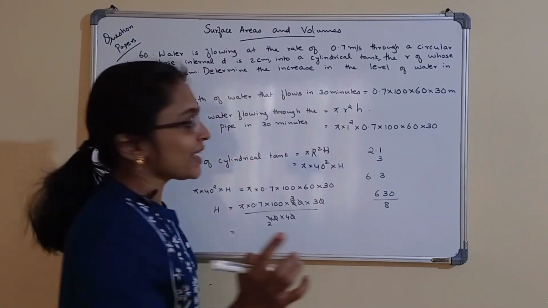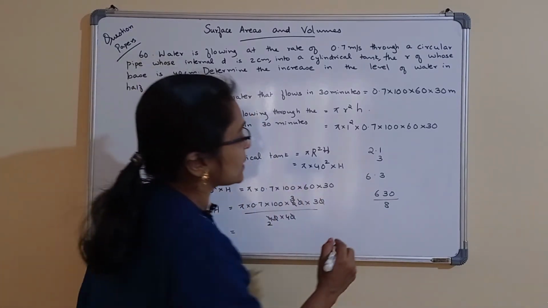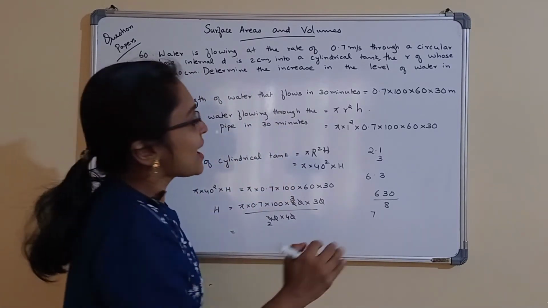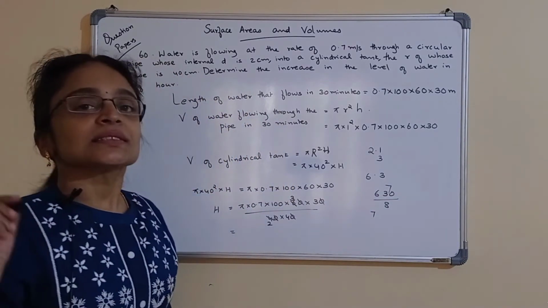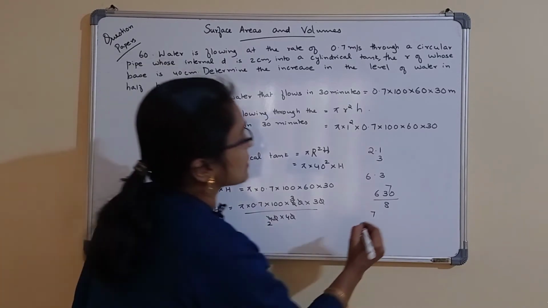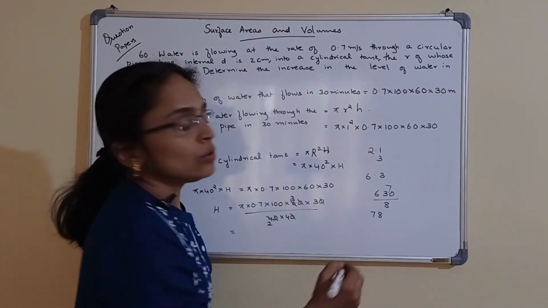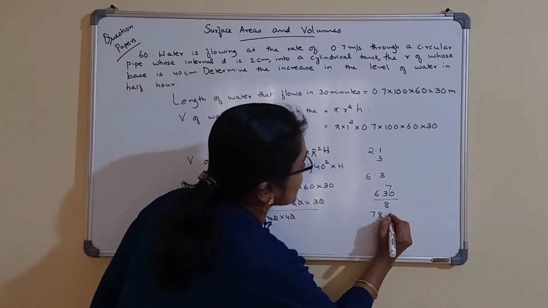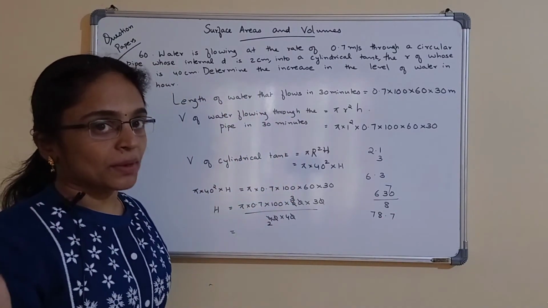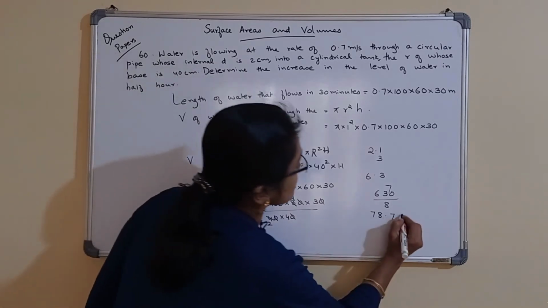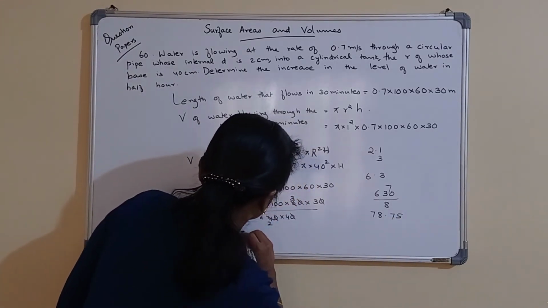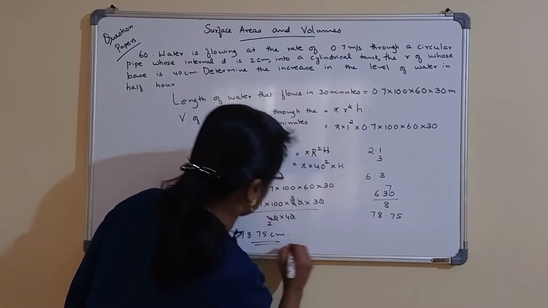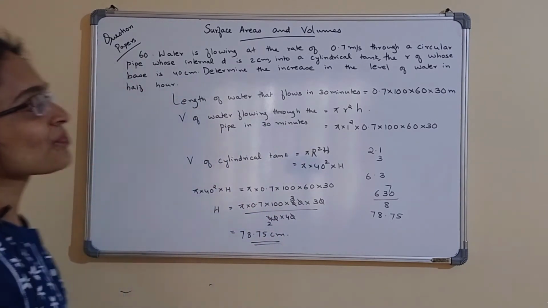Now 63 by 8 is 7, 7 8s are 56, and 7 remainder. 70 by 8 is 8, 8 8s are 64. Then 6 remainder. Then 60 by 8 is 7, 7 8s are 56, 4 remainder. Then 40 by 8 is 5. So it is equal to 78.75 centimeter. Understood?